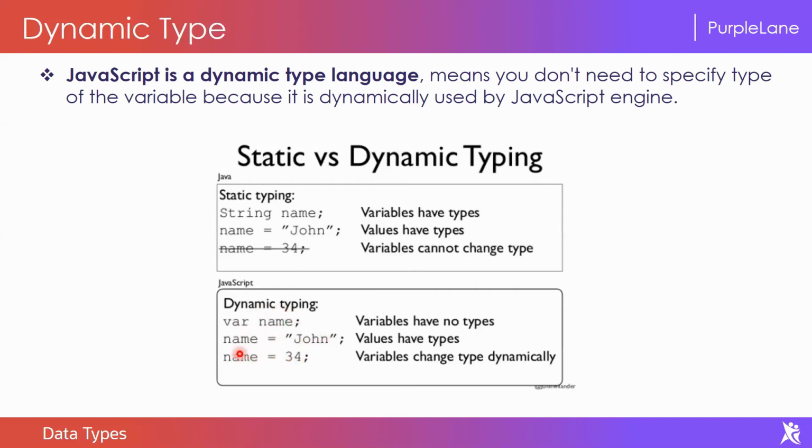This is allowed in dynamic typing. It won't throw any error because your JavaScript engine will identify the data type automatically during runtime, and then act upon it. But in static type, it won't even allow you to change. It won't even allow this kind of operation.